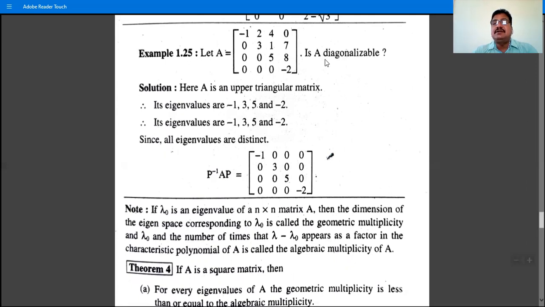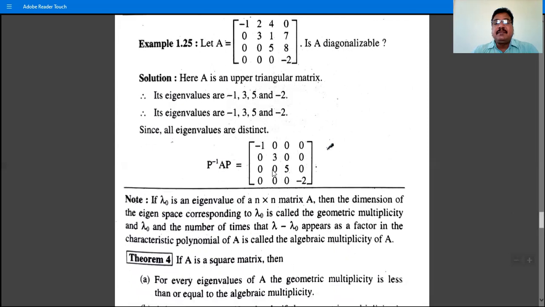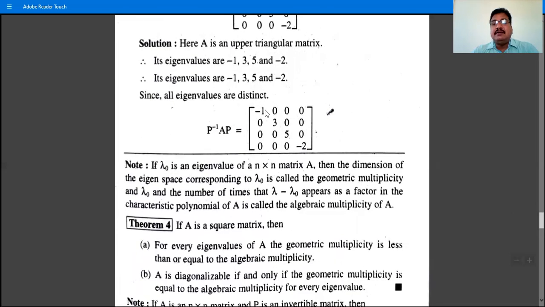The answer is yes, A is diagonalizable. And what is P inverse AP? P inverse AP is the diagonal matrix whose diagonal entries are -1, 3, 5, and -2, and all the remaining elements are 0.